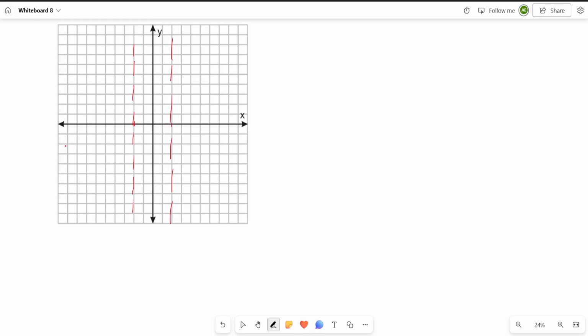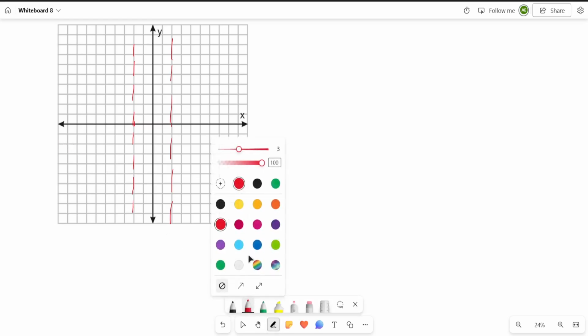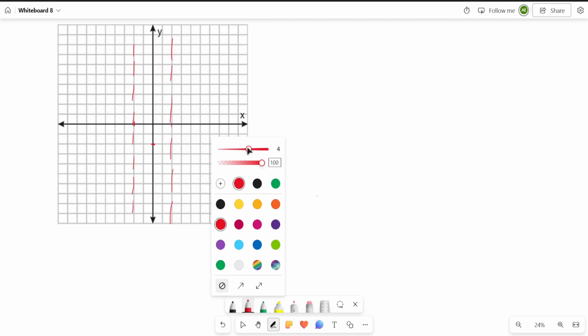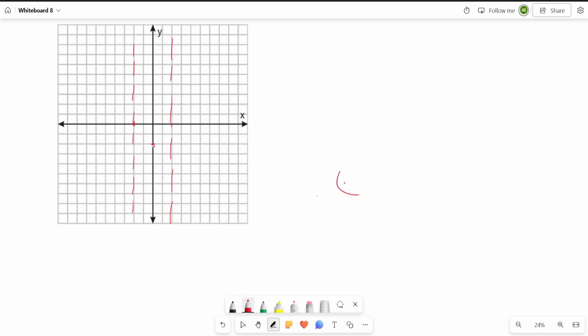We have a horizontal asymptote at y equals minus 1. So let's say this is minus 1 over here. Let's sketch a horizontal asymptote in this way. So this is the asymptotes done. This is x equals 1. This is minus 1. Over here, that is y equals minus 1.